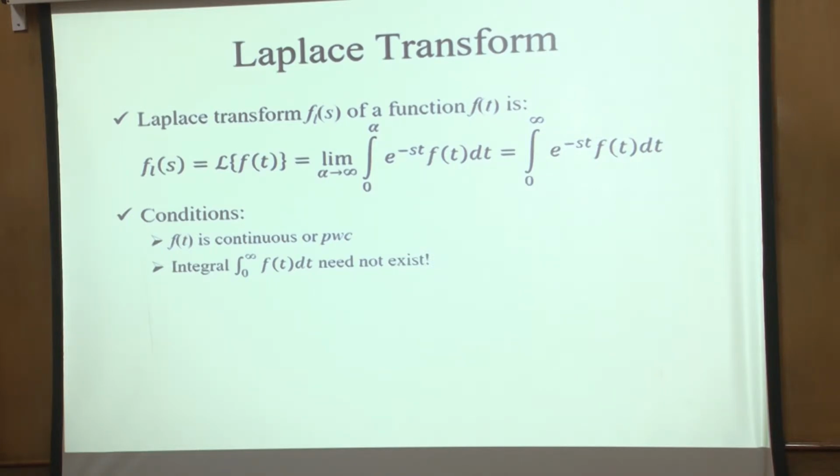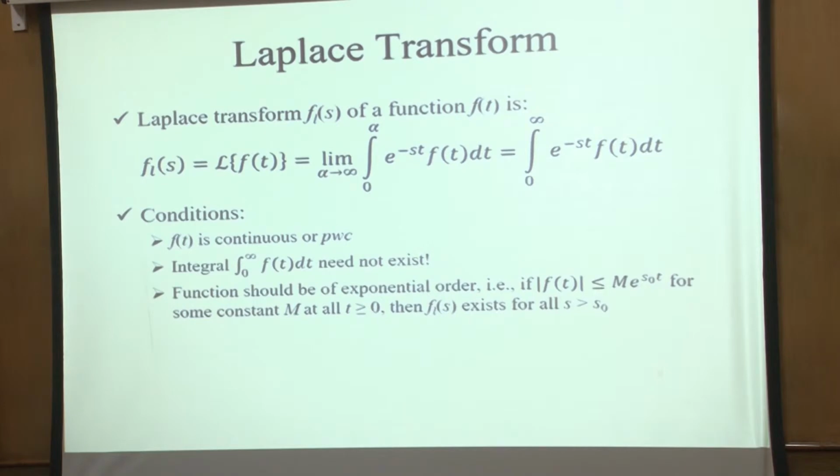So basically this integral has to exist. So if the magnitude of f(t) is less than or equal to some exponential function, with a constant M and some s naught, at all t, then F_L(s) will exist. Then the transform will exist for all s greater than s naught.